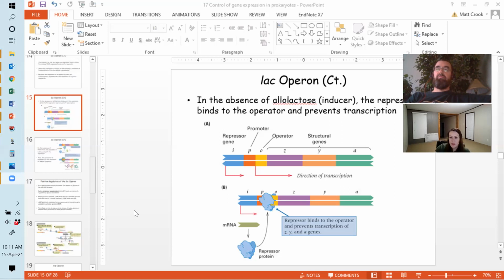Is there something like the eye or no? Well, there's a metabolite, but let's put it a different way. If you want to turn off expression of something that produces a metabolite, right? Once that metabolite gets to high enough levels, what do you need to turn off the expression?